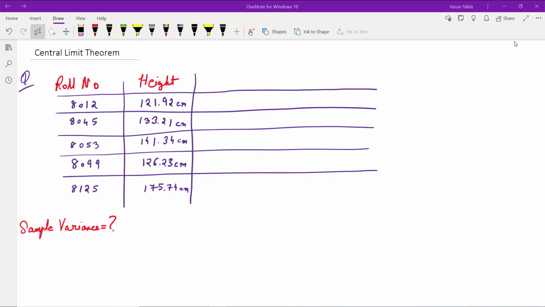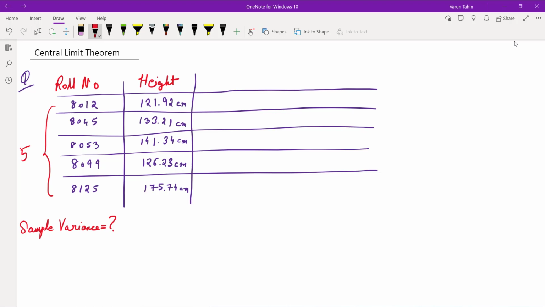Now that we have learned about some formulas on population and samples, let's do an exercise on this. Let's say that we have a sample of students. These are 5 students for which we have their heights according to their roll numbers, and we have to calculate the sample variance of this sample.